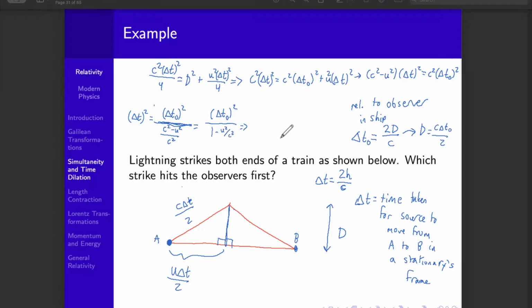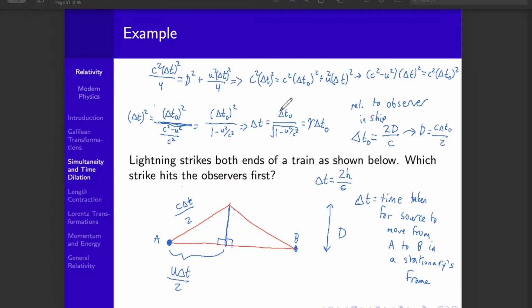And that tells you then that delta t, the time for a stationary observer to witness this light moving, equals delta t 0 over the square root of 1 minus u squared over c squared. And it's customary to say 1 over the square root is equal to something called gamma, which we typically just call the Lorentz factor.